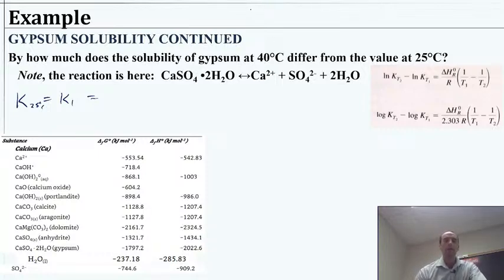Remember that temperature should be in kelvins as we manipulate that. And the conversion there is that degrees Celsius is equal to the amount of kelvins plus 273.15.